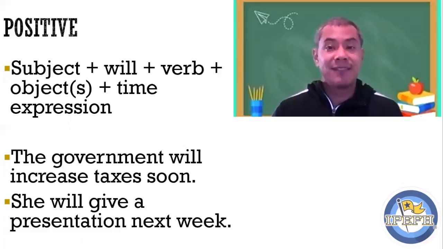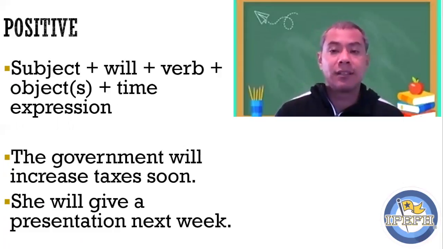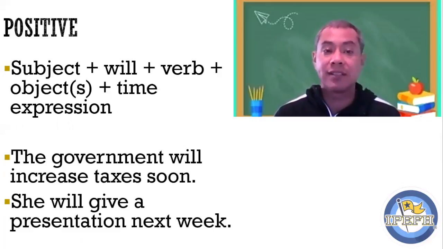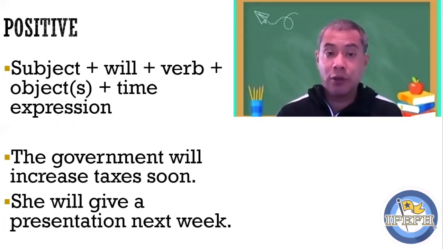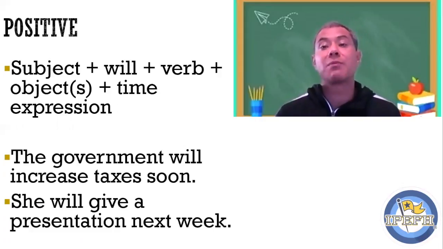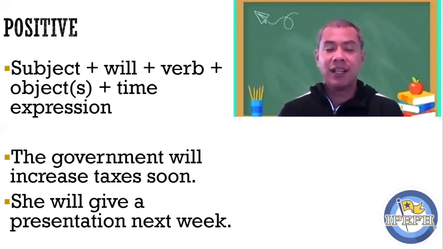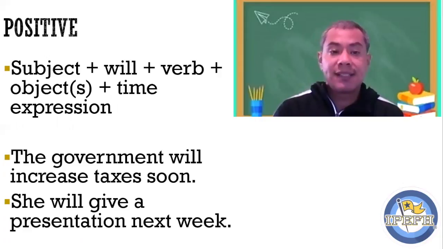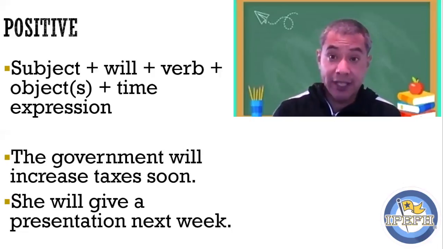This is the positive form. This is your formula. So you got a subject, and then the auxiliary will, and then the verb, which remember has to be in base form, and then the object, and then the time expression. For example, the government will increase taxes soon. Another one, she will give a presentation next week.